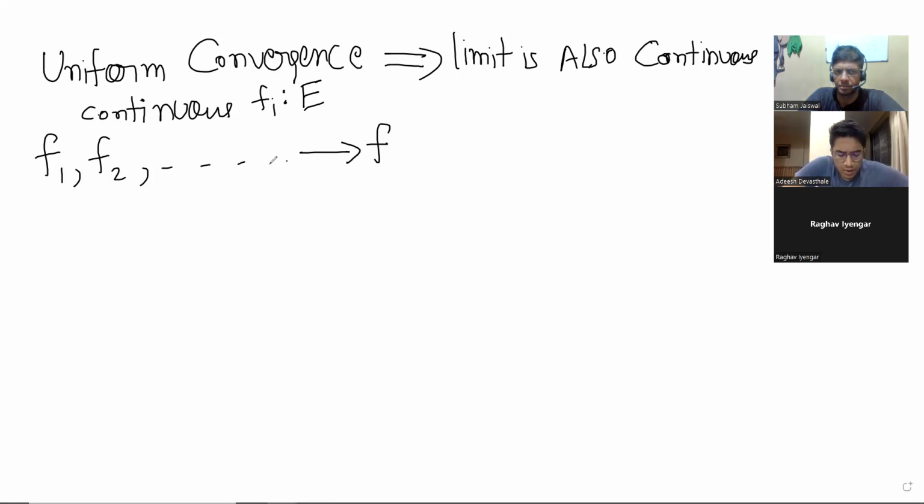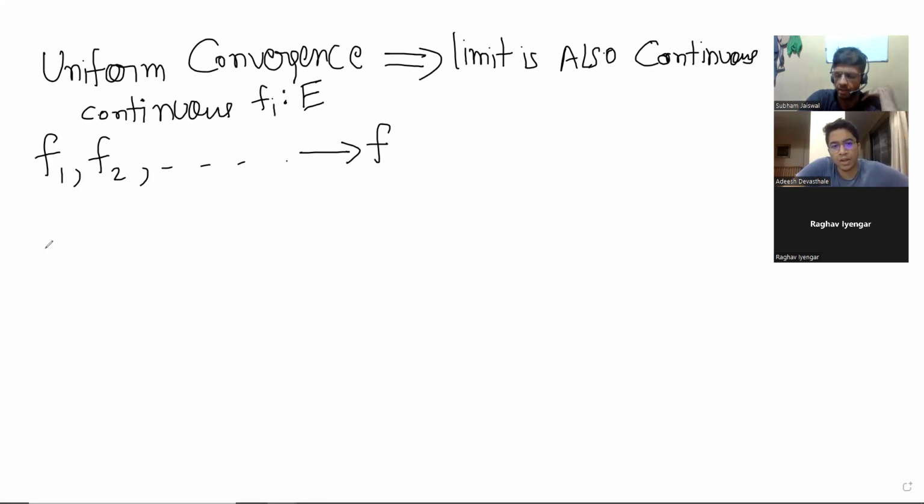It means that for all epsilon, you can always find an n naught so that the distance between f_n of x and f of x is less than epsilon, for all n bigger than n naught, and for all x.